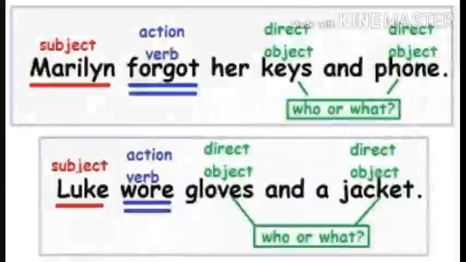So the group of words her keys and phone is the object in the sentence. One more example. Luke wore gloves and a jacket. Here Luke is the subject and the action performed by Luke is wore. That is the verb. Now what did Luke wear? That is gloves and a jacket. This group of words is the object.